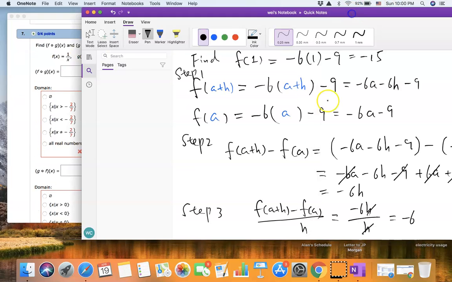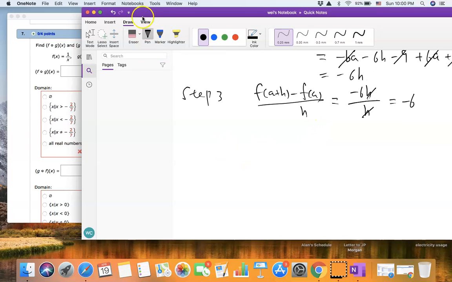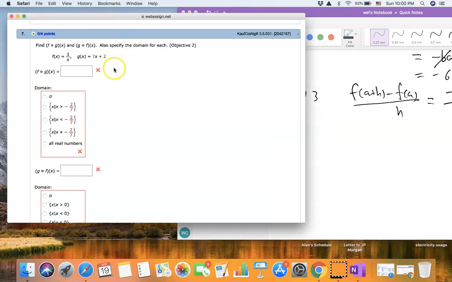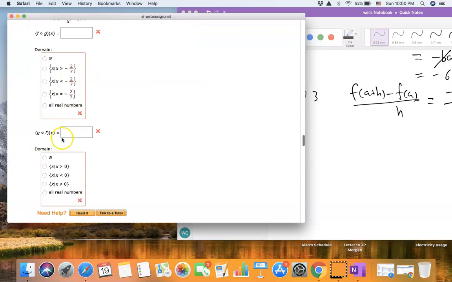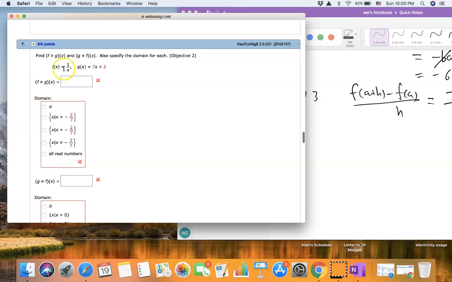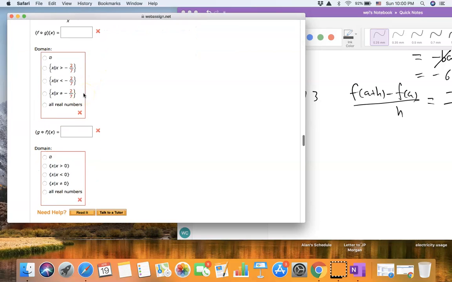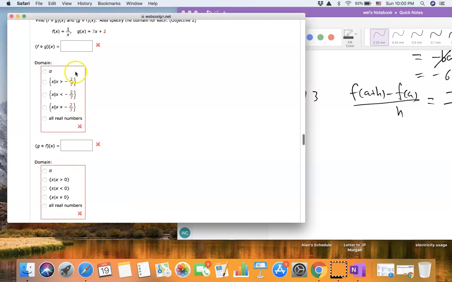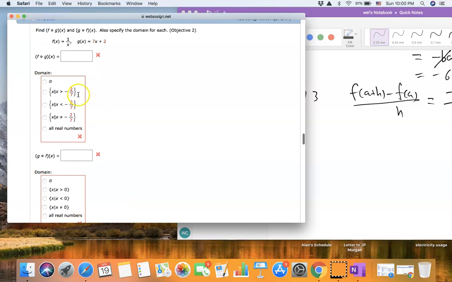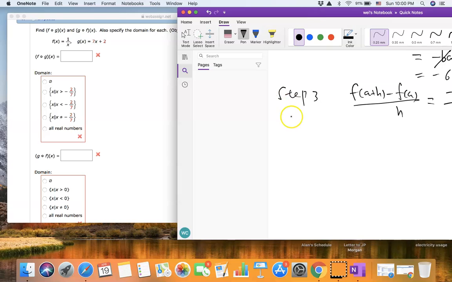Now let me do number 7. In number 7, we are asked to write this composite function using f(x) and g(x), and then to find what is the domain of the composite function. So this notation means the g(x) is the inner function.